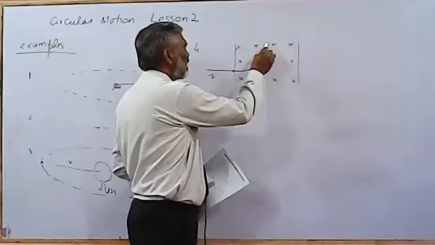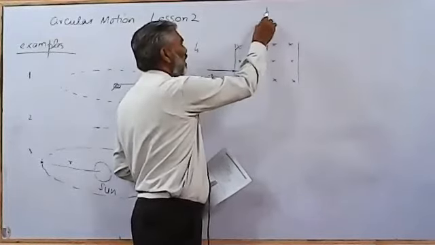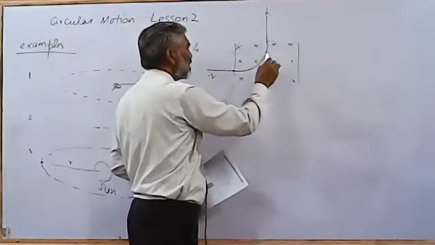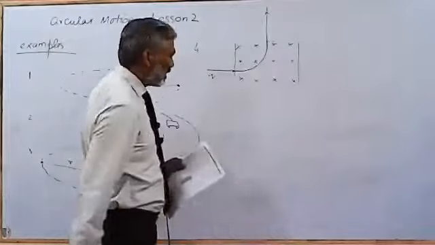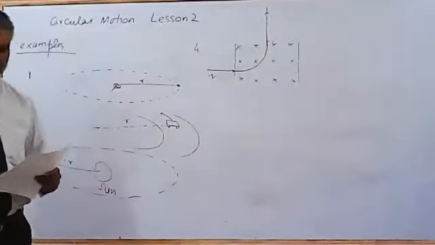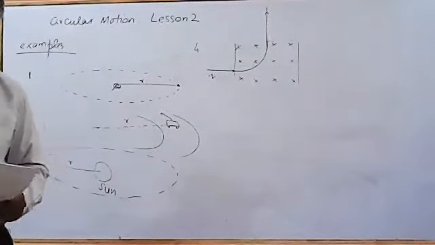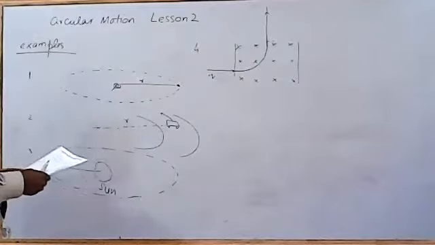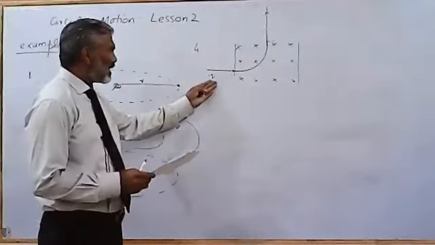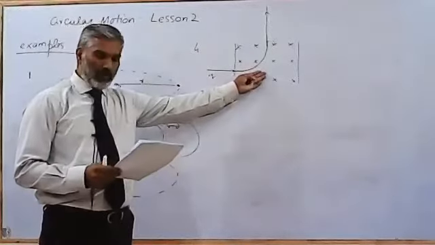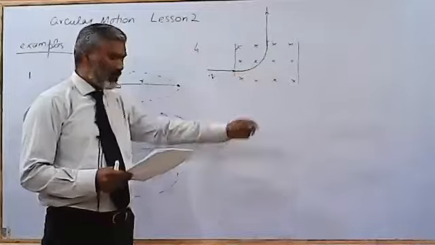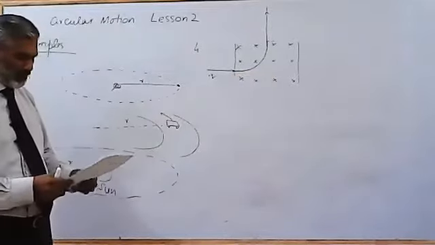And ultimately it will go on in this manner, if this region ends here. So this portion is the circular path that the charged particle has followed. So this is an example in which charged particles are moving in a uniform magnetic field perpendicular to their motion.